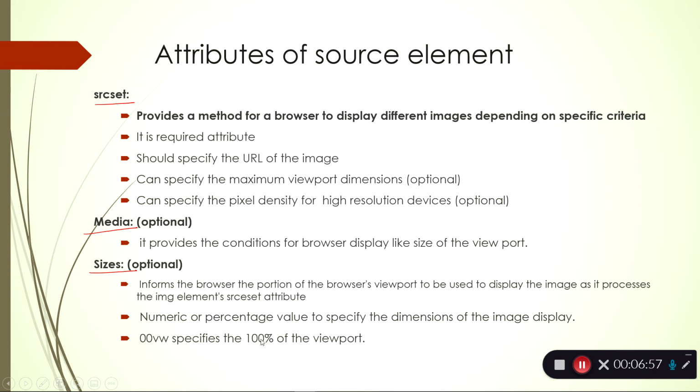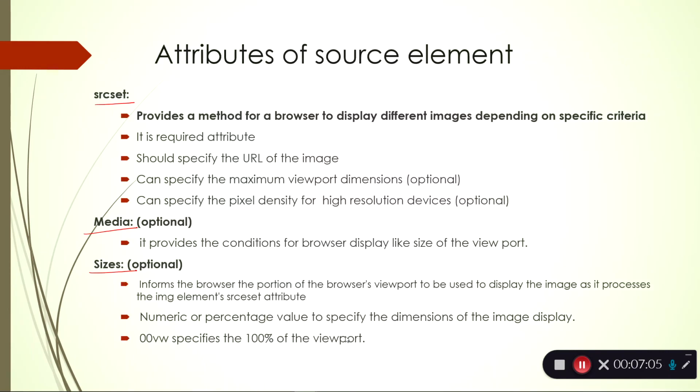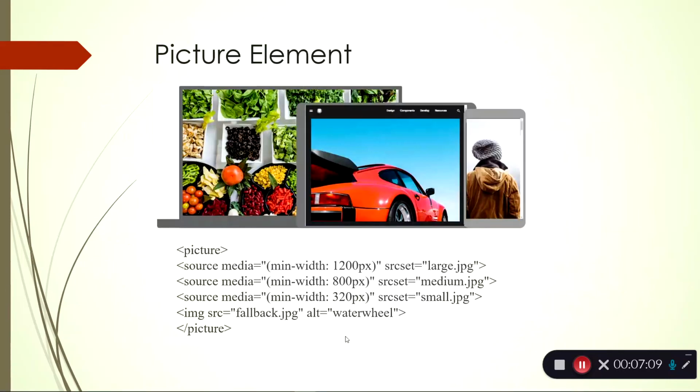You can even use the viewport, specifying the size by VW. But these two attributes are optional. Media and sizes are optional, but the srcset attribute should be there to specify what image we want to display. Mostly we will use srcset attribute and media attribute.